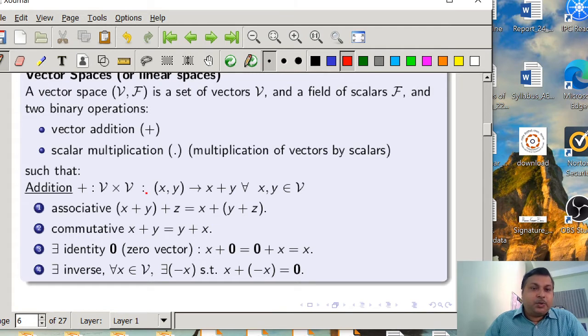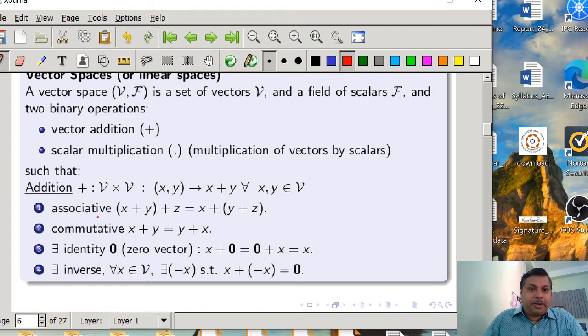You take two elements x and y from the vector space, and if you do the addition x plus y, that resultant vector also belongs to the vector space V.